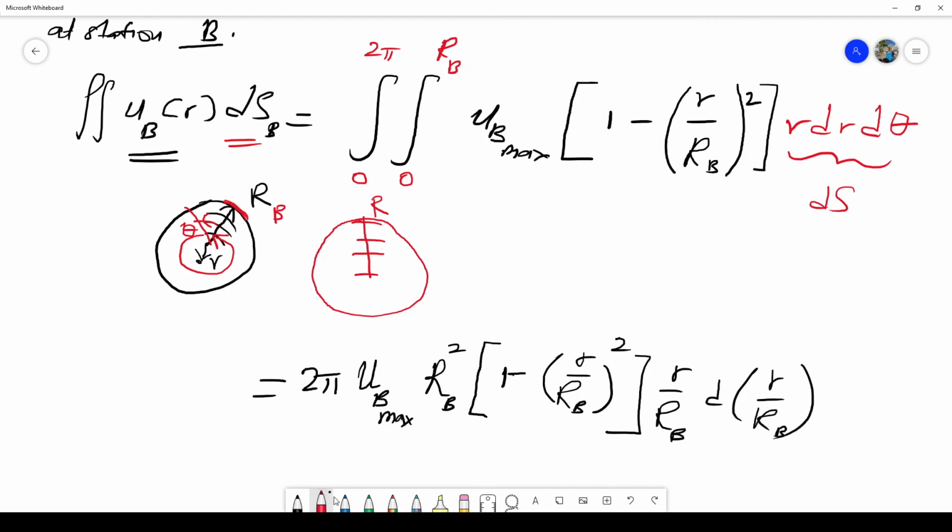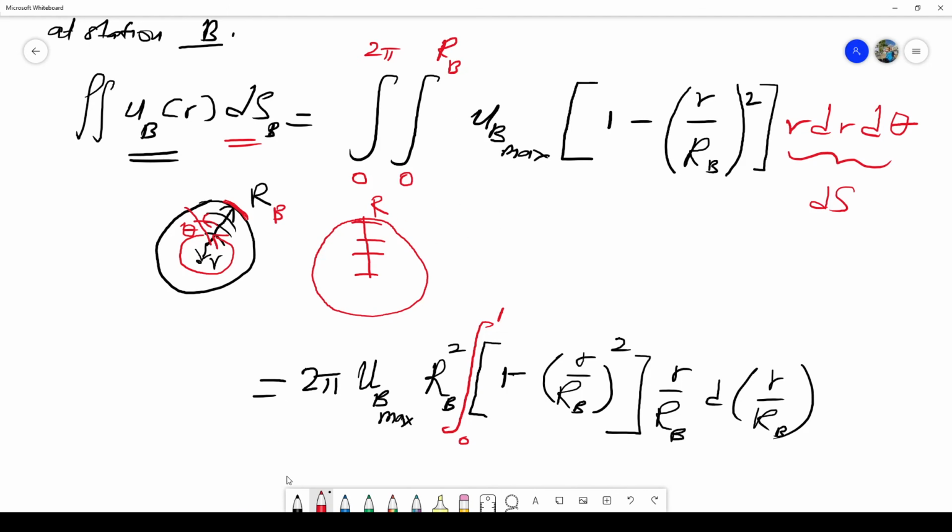We have one more integration here, which is taken from 0 until 1. Why? Because we take the ratio between the small distance R against RB. For whatever value of RB, the ratio will be from 0 to 1. That's why we integrate from 0 to 1 instead of from 0 until RB.